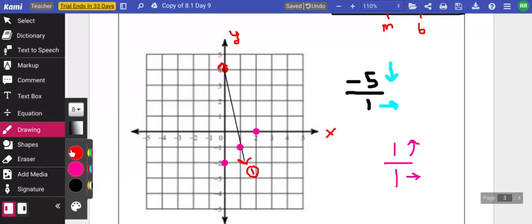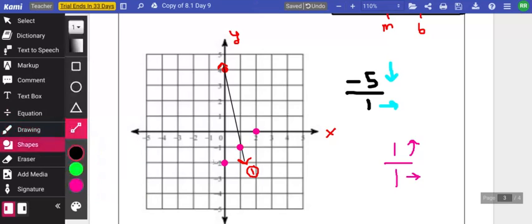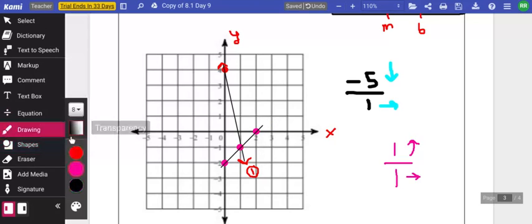And I could keep going. Okay, so let's use shapes, insert line, click and drag. Then I put arrows on the end of the line to show that the line continues forever in both directions. And I'll put a little 2 and circle it to show that this is line 2 that comes from equation 2.